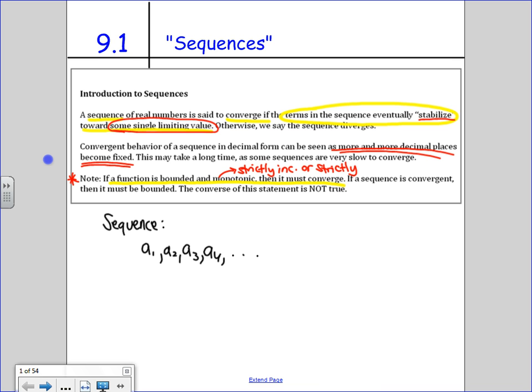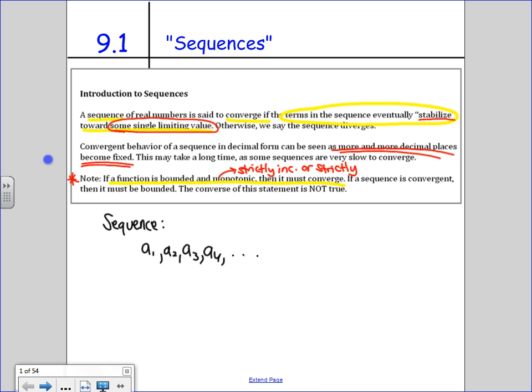If a function is bounded and monotonic, then it must converge. If a sequence is convergent, then it must be bounded. The converse is not true, meaning just because it's bounded does not mean it's convergent.